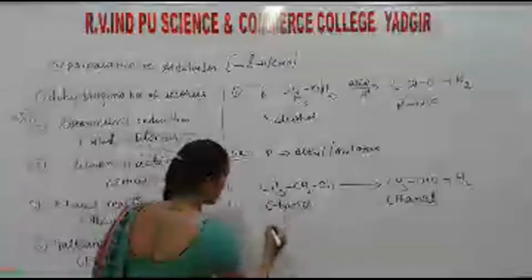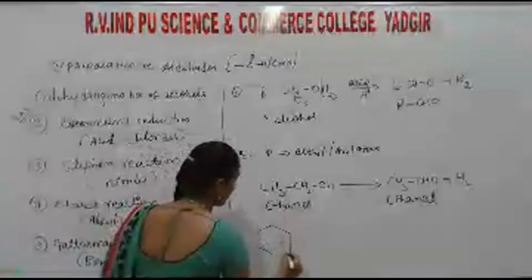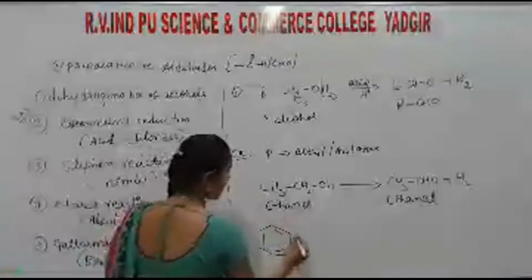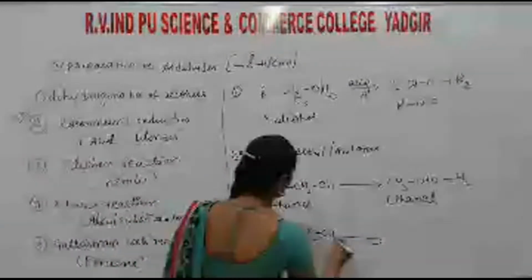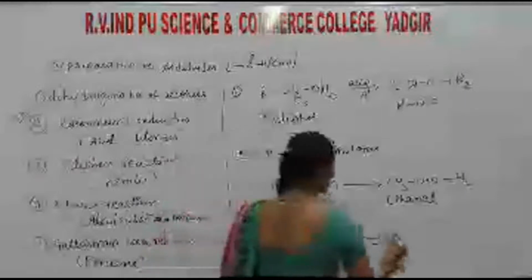So if I take an example of a benzene aryl compound with a CH2OH side chain, here one H is removed from here and another H is removed from here.